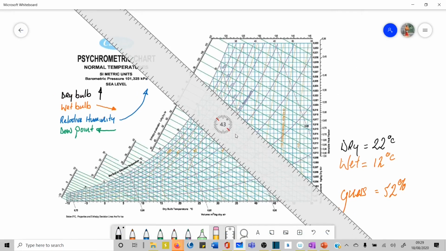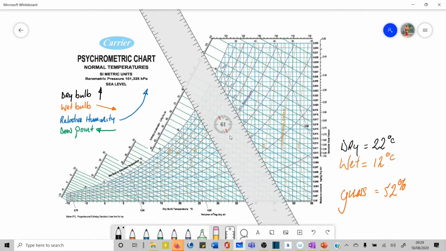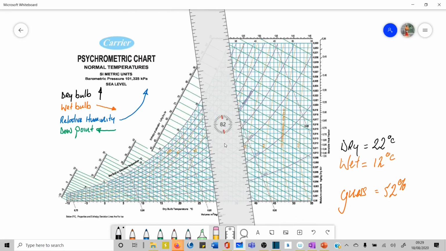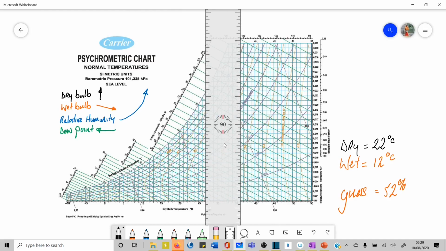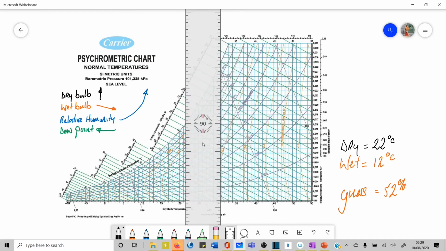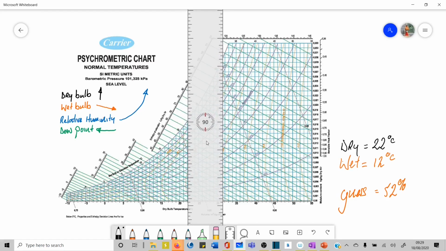There we go. So going to dry bulb, 90 degrees. There we go. And we said that it was 22 degrees. So we can see 20, 21, 22 degrees. And I'm going to draw my line up there like so.